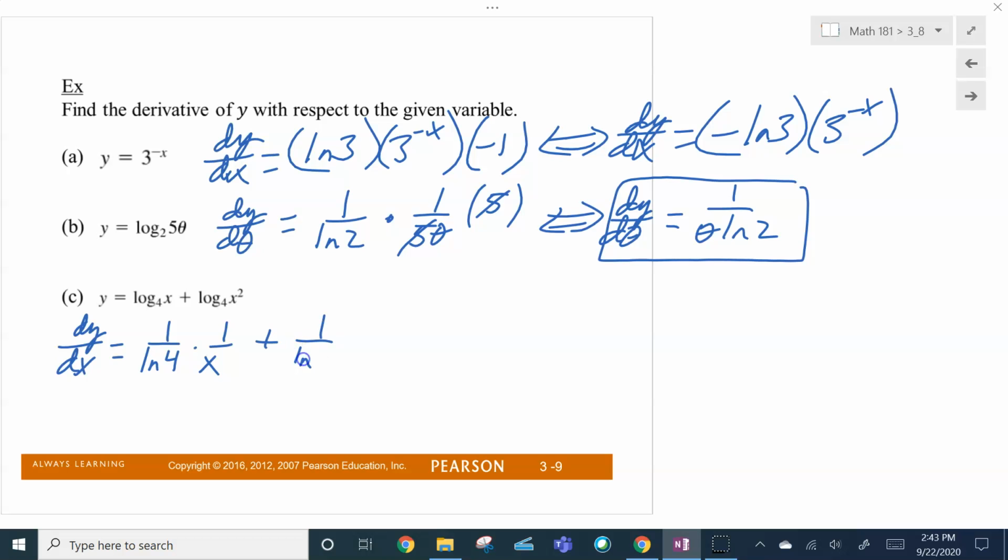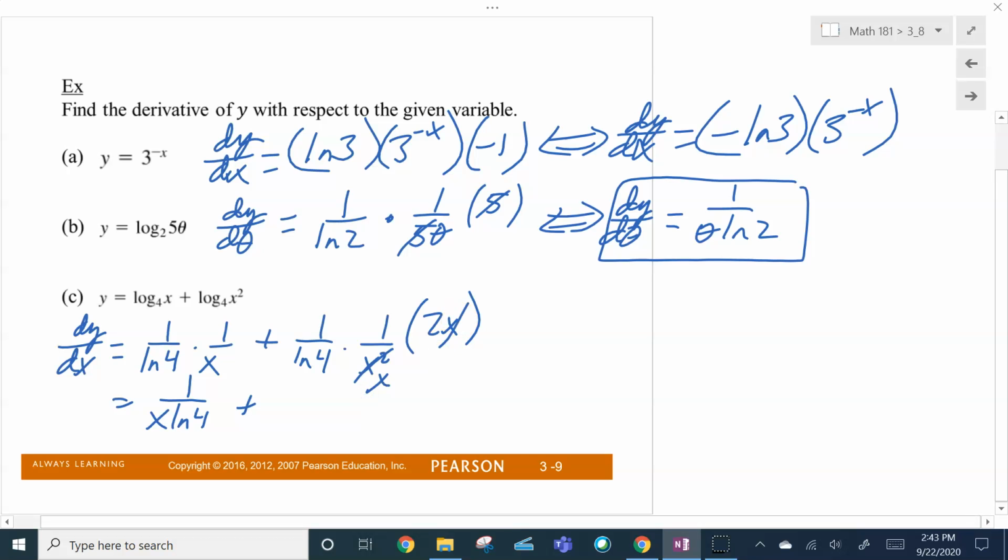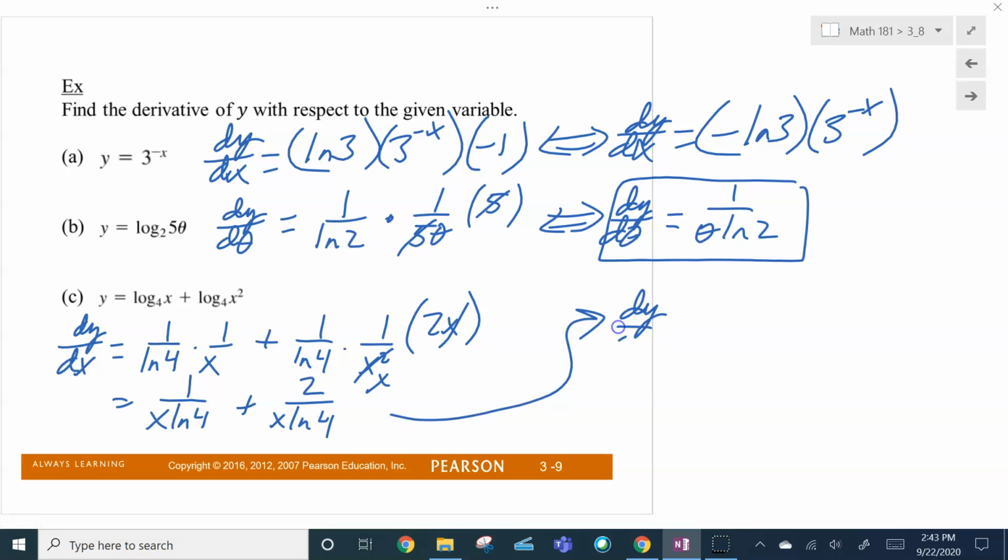So 1 over ln of a times 1 over x, but it's x squared in this case, and so I got to run the chain rule 2x here. So I got 1 over x ln of 4 plus, now notice one of these x's cancel, so 2 over x ln of 4. So now I've got a common denominator. So dy dx, 1 plus 2, I got 3 over x ln of 4.